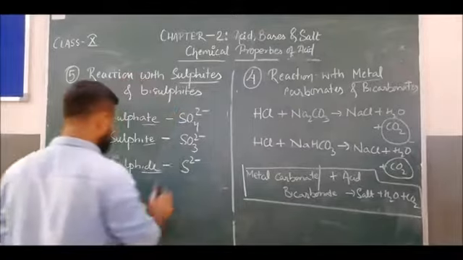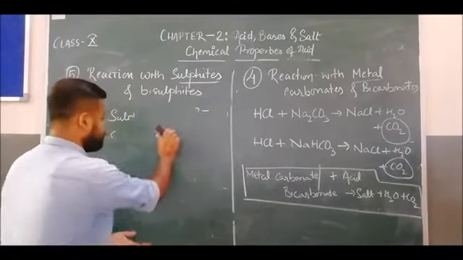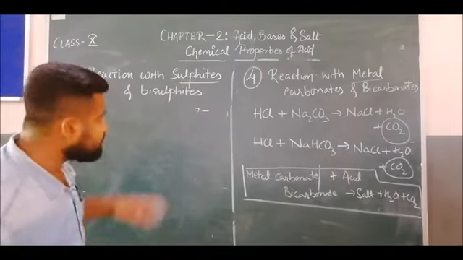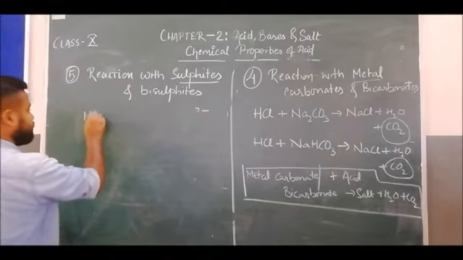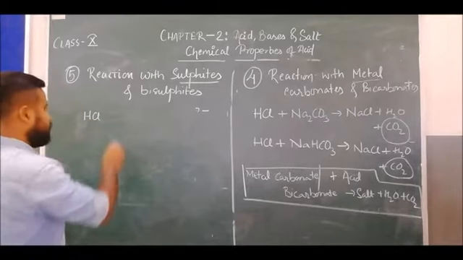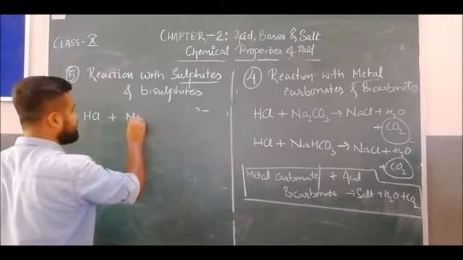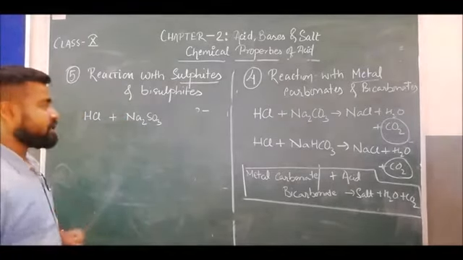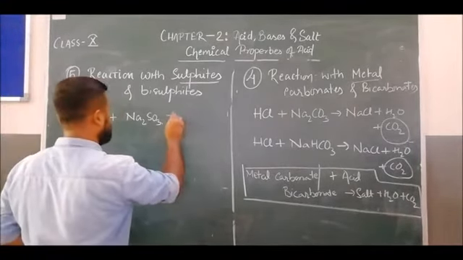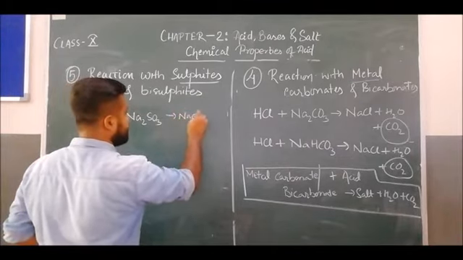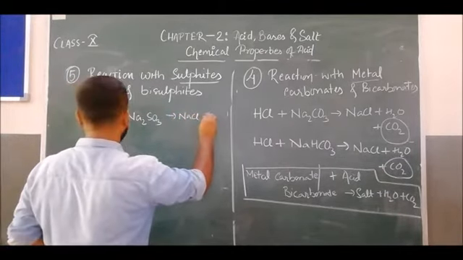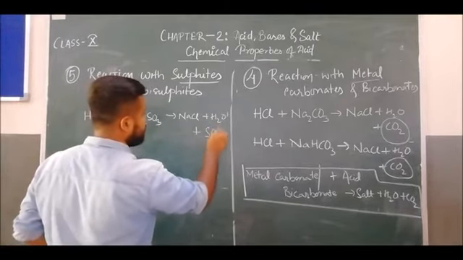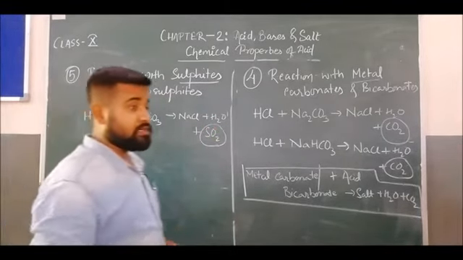So what is the reaction with the sulfites? Suppose HCl reacts with sodium sulfite, Na2SO3. The reaction will give salt, that is NaCl, plus water H2O plus sulfur dioxide.